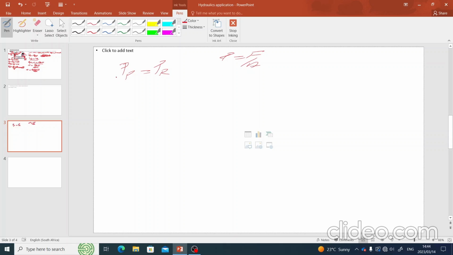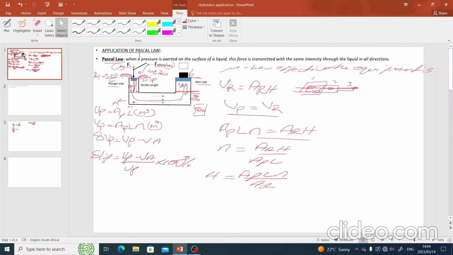But on the plunger side, because that's where we are doing the pumping, and you've seen that the FL is on the plunger, we have FL over area plunger equals, then on the ram side, the fact that this equipment is being lifted gives us what? The W. How do we calculate the W? It is mass multiplied by gravitational force. Then this W can exert a downward force, like I've indicated, and the pressure would be transmitted with the same intensity throughout.